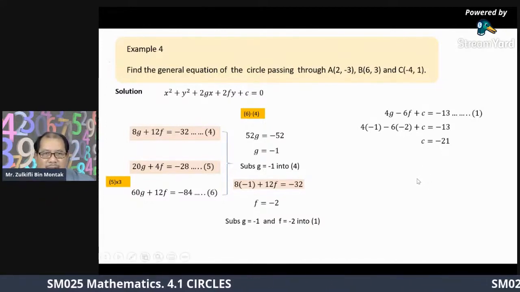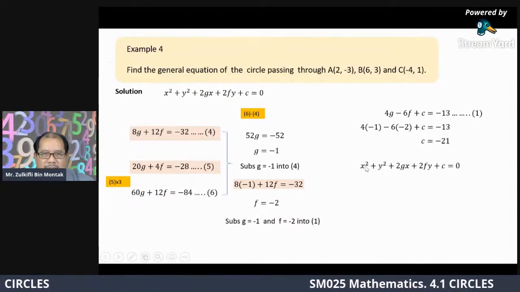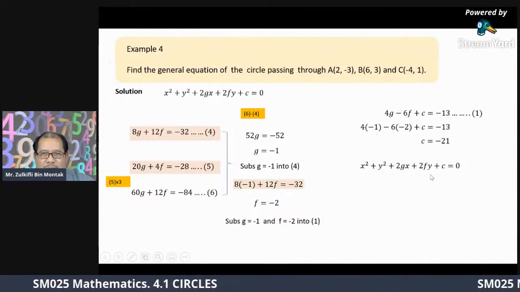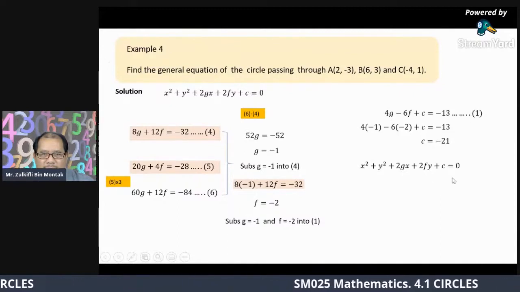To find the general equation, this is the general equation: x squared plus y squared plus 2gx plus 2fy plus C equal to 0.